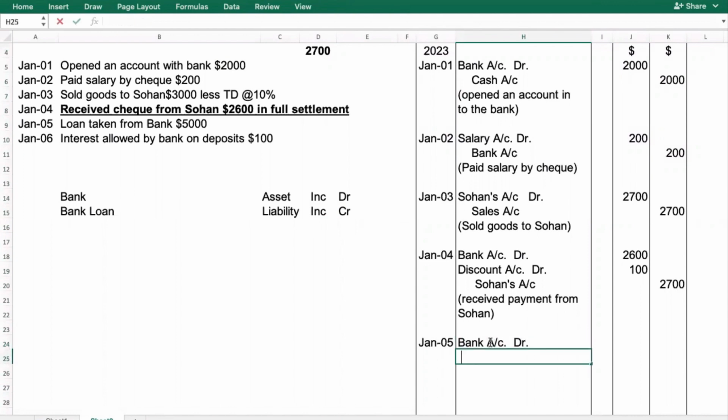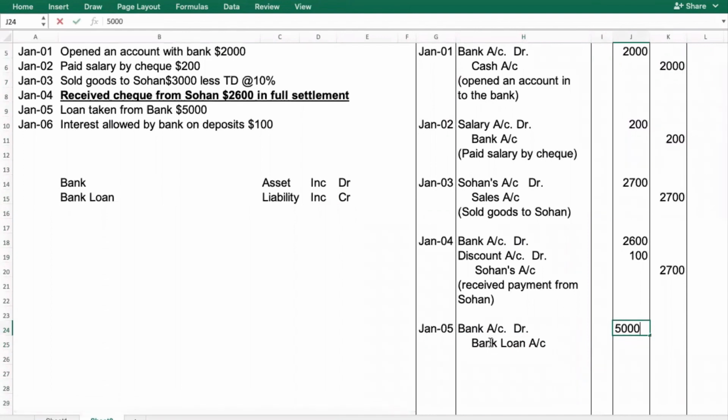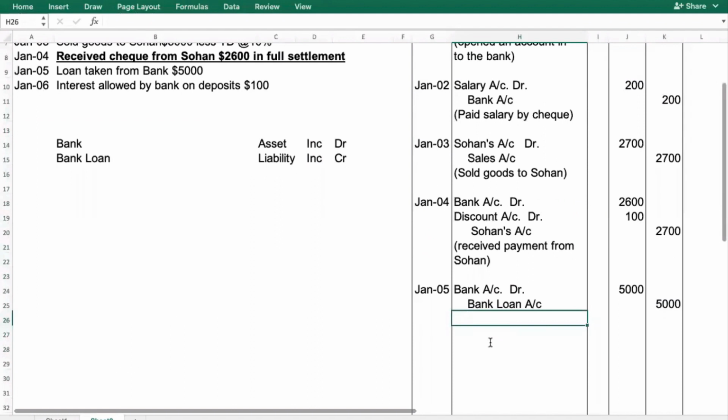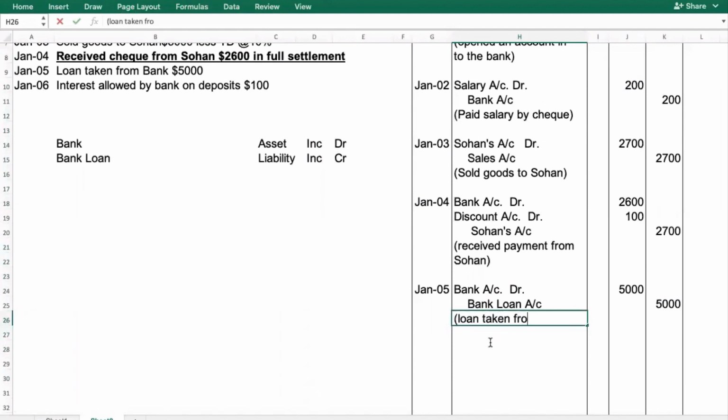Next line, leave some space. Credit item is bank loan account. How much money? 5,000. Narration will be: loan taken from bank.